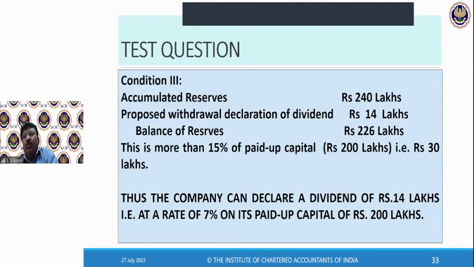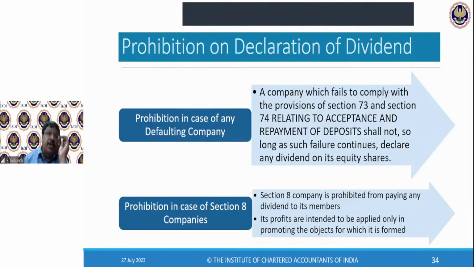Okay, now, so we have seen this. Now we have to move on to another topic, which is prohibition on declaration of dividend. Meaning, if a company wants to declare a dividend, it should satisfy certain conditions. There should not be default in certain matters.